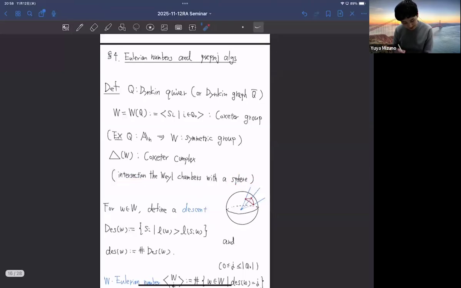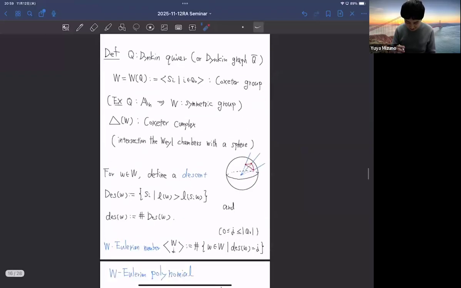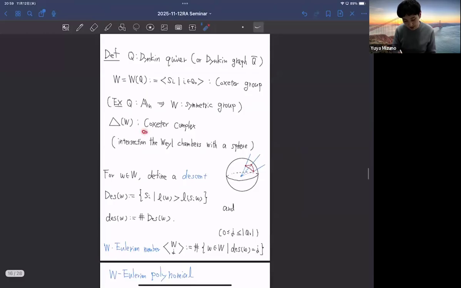If we consider the intersection with the sphere, it provides a naturally simplicial complex. So for example, if we consider this three-dimensional case, a cone, then the intersection is described like this. Then this vertex is a zero simplex, and the edge is a one simplex, and this face is a two simplex. So similarly, even in higher cases, we can define the Coxeter complex.